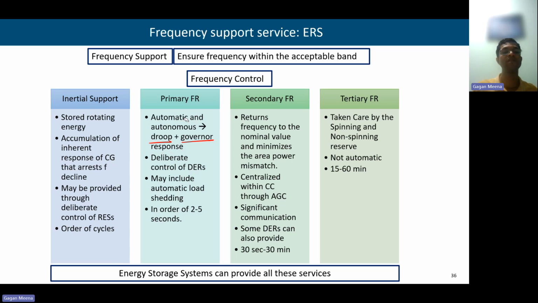And secondary frequency regulation services. It returns the frequency to the nominal value, and also minimizes the area power mismatch. So here the area control error plays the role, and it is achieved by the automatic generation control, the AGC. This is centralized and it requires communication infrastructure.